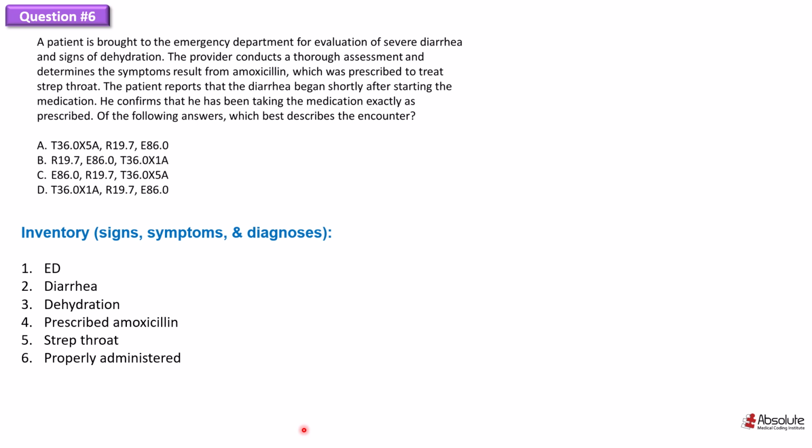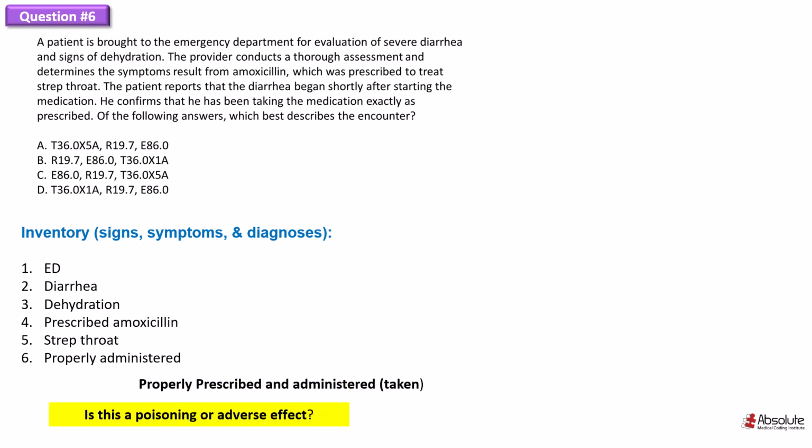So maybe I would eliminate that. So, your task, coders, is to determine if this is a poisoning or an adverse effect. Do you know which one it is? All right, coders, let me give you a hint. If it was properly prescribed and administered or taken, then it's an adverse effect.